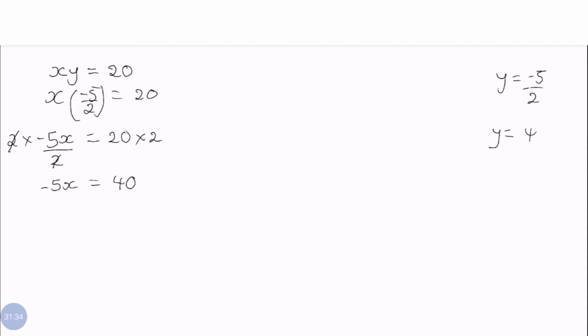So we divide by -5 this side, divide by -5 here as well, such that this will cancel this. And then we'll have x equal to 40 divided by -5 is equal to -8. So when y is equal to -5/2, x is equal to -8.